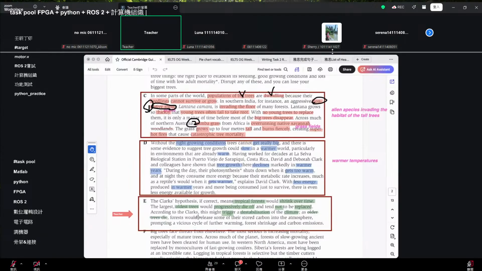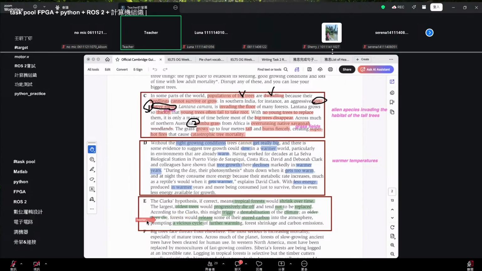Were we not just talking about release in the sentence completion? Remember? Release stored carbon into the atmosphere, pumping a vicious cycle. So it's going to become a vicious cycle of further warming. And we knew not so long ago, warm weather is going to be lethal for trees to grow tall.